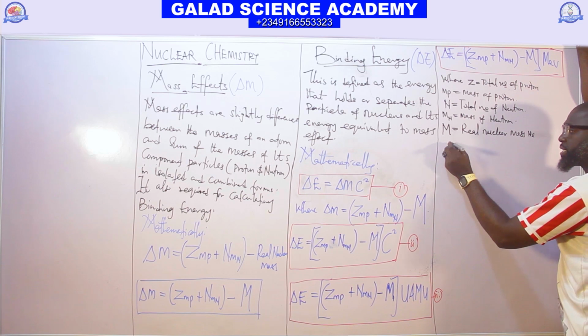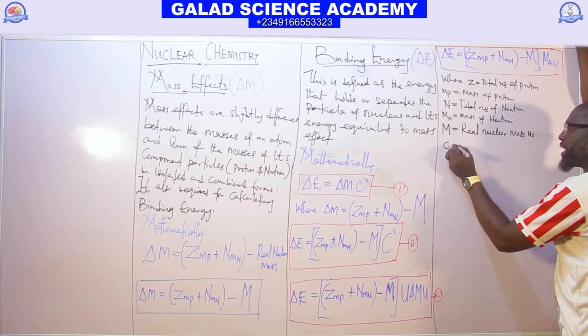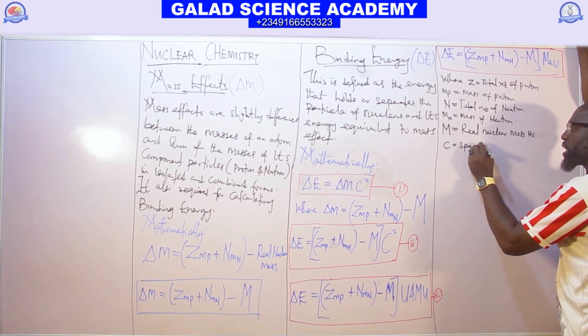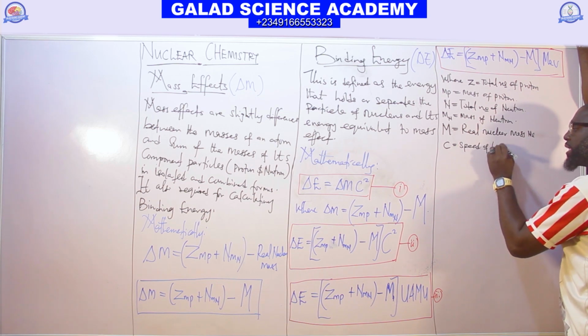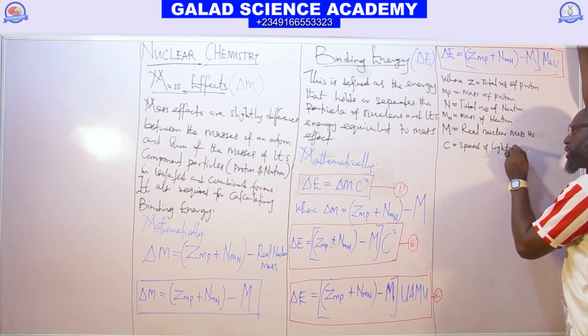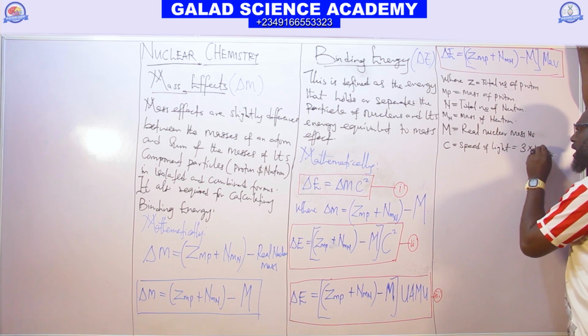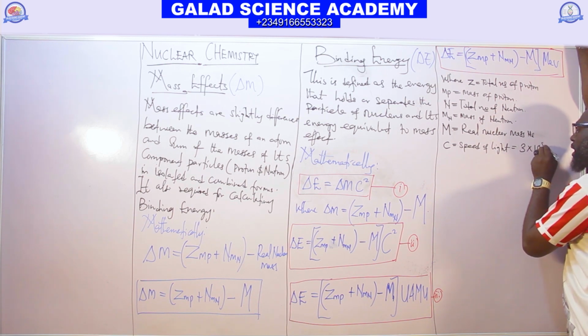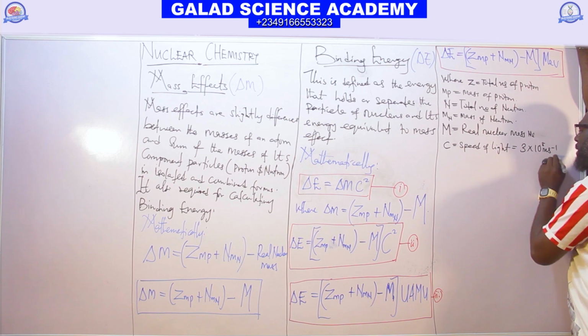So the C here is speed of light, which is 3 times 10 raised to power 8 meter per second.